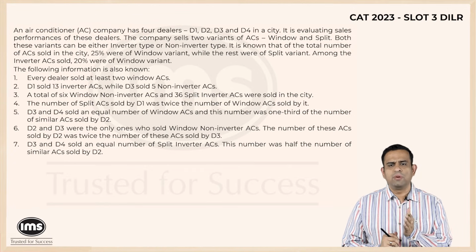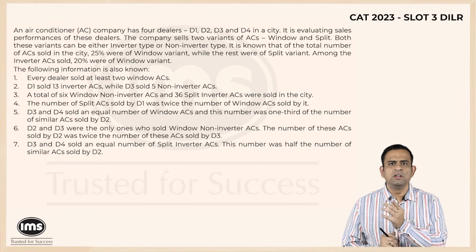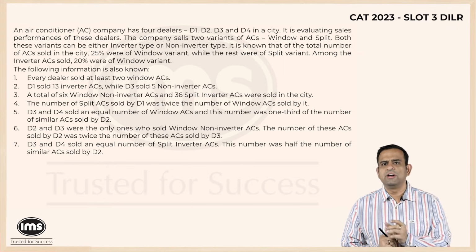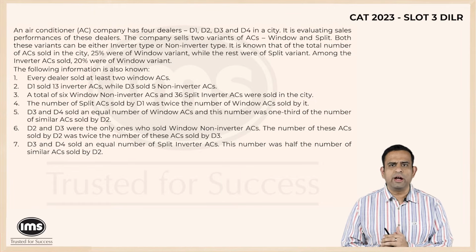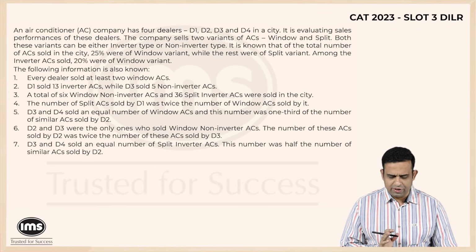Then for a particular dealer, it could be split inverter, split non-inverter, and the total number of split ACs. Then how much inverter AC is sold by D1, how much non-inverter AC in total is sold by D1, or D2, D3 and so on, and the overall number of ACs being sold over here.